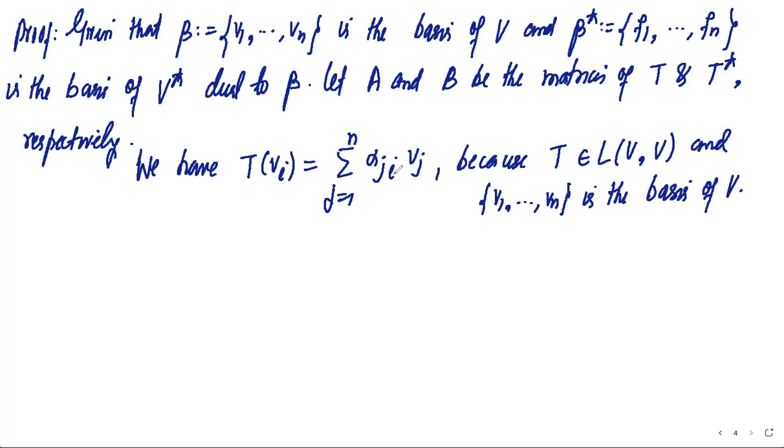And in fact, here this i runs from 1 to n, and j runs from 1 to n. So that is what we have.